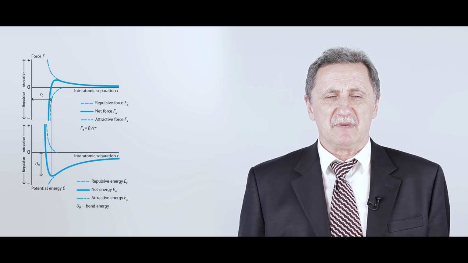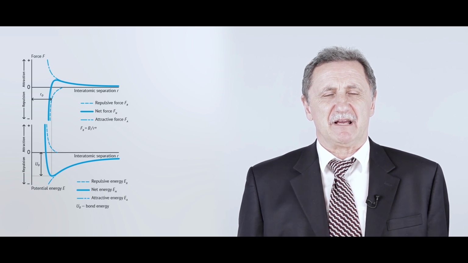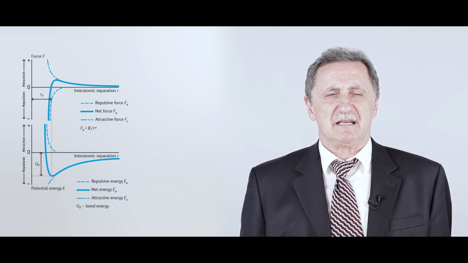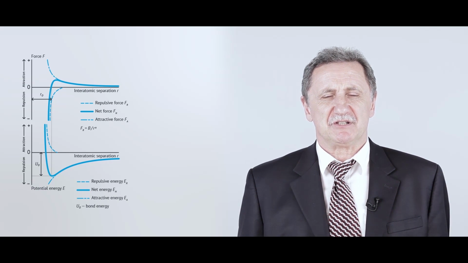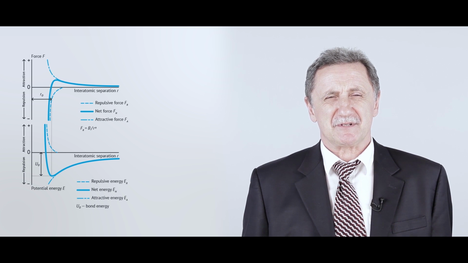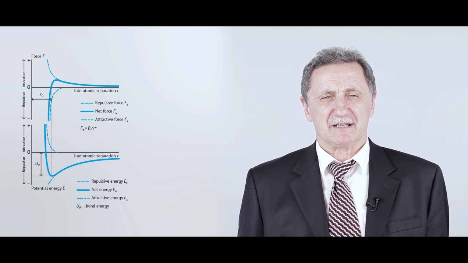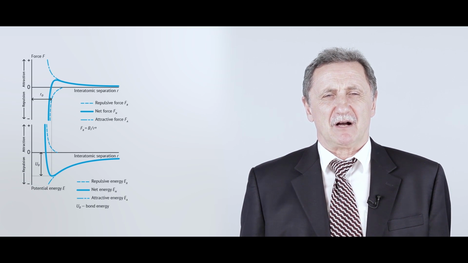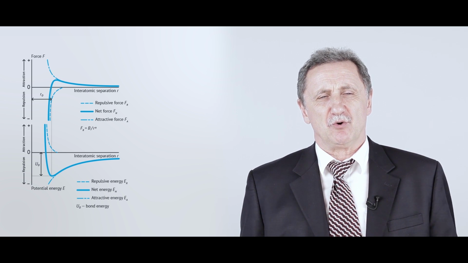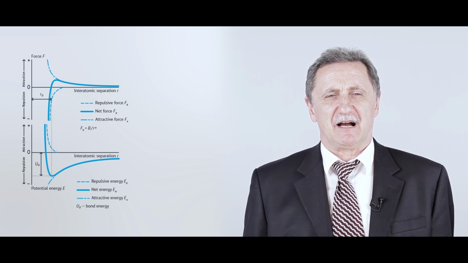does this diagram mean? On this screen, you can see the force distance and energy distance diagram for 2 atoms. Let's consider the ionic type of bonding between 2 atoms. One atom has its own electron structure, and so does the other.